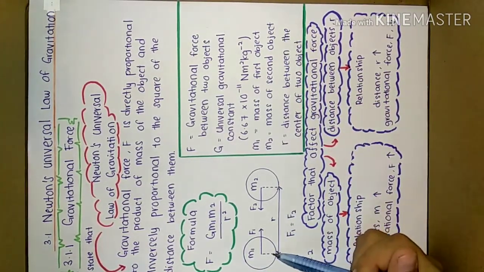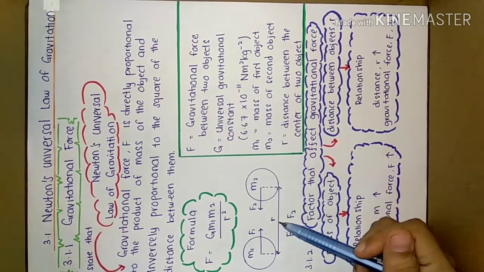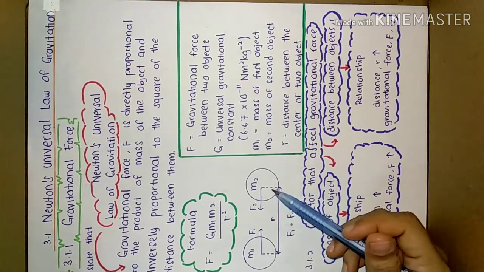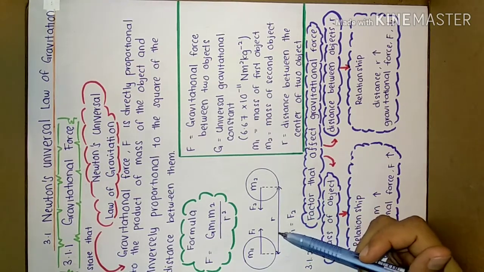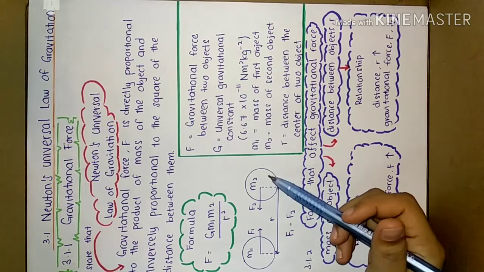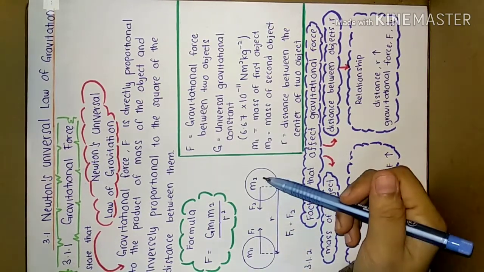So this is the picture. As you can see, we have two objects here, and R is the distance between the center of the two objects, and we have F, both of them, is the gravitational force between two objects, and we also have M1 and M2.